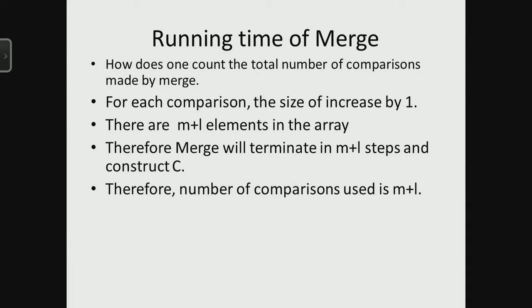Let us now analyze the running time of merge. It is very important to get an understanding of how much time it takes for merge to run. It is crucial to understand how one counts the running time, and in this case we count the total number of comparisons. The most important observation is that every time a comparison is effected, the size of the array C keeps increasing by exactly 1.